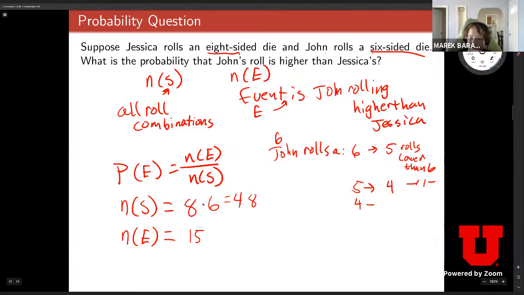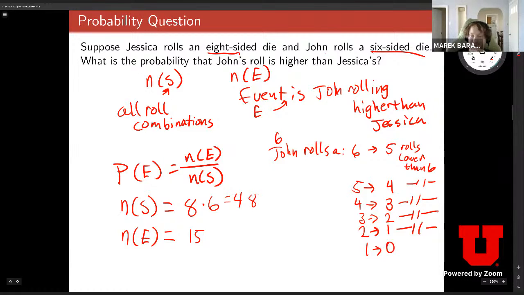For 4, we have 3 lower rolls. For 3, there are 2 lower rolls. For 2, there's 1 lower roll, and if John rolls a 1, he's not going to win.